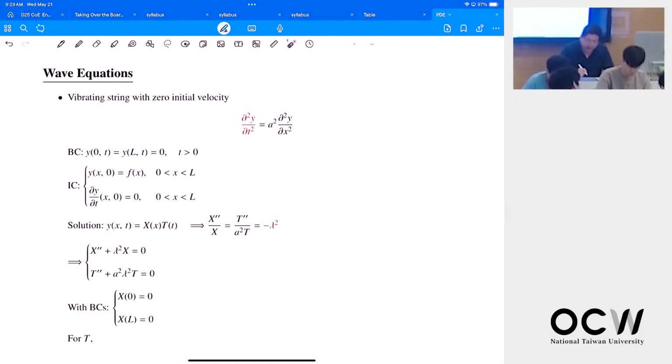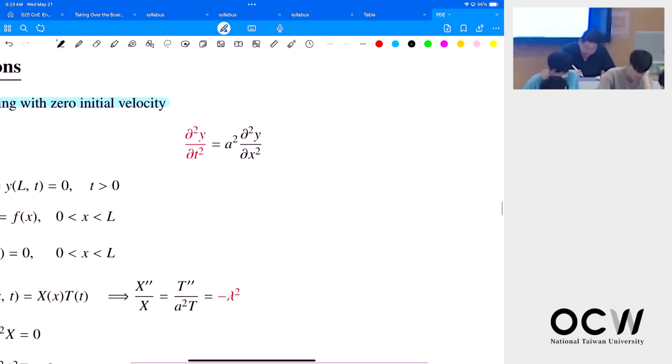Wave, like you vibrate the string. Okay, you vibrate the string, and the first case is a vibrating string with a 0 initial velocity. And here y, a function of x and t, is the displacement function.